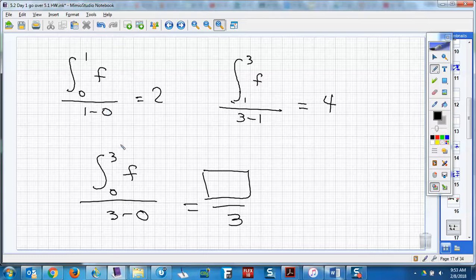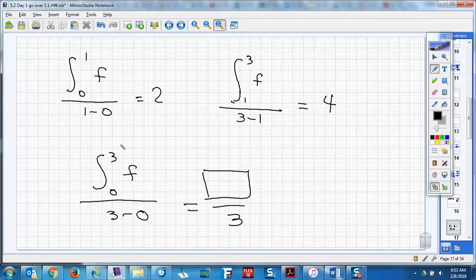Well, how can we get that? Yeah, the area. So in other words, multiply the bottom over there, right? Because what you have is the area from 0 to 1 plus the area from 1 to 3, right?